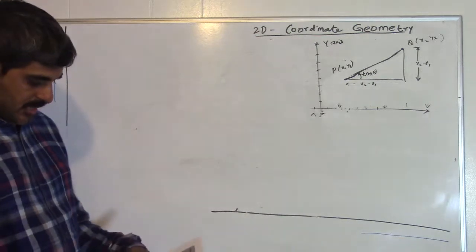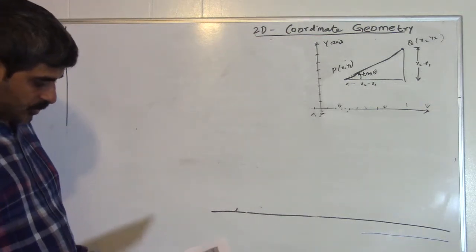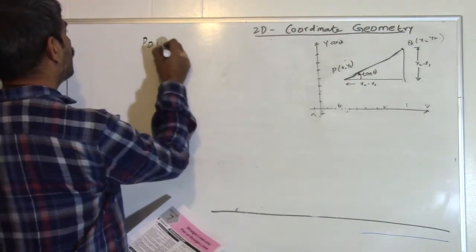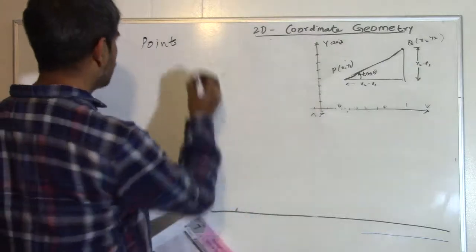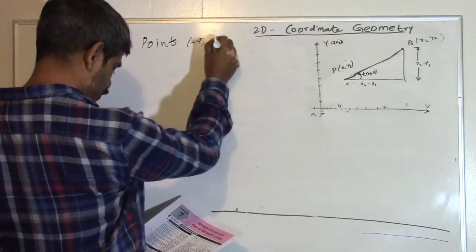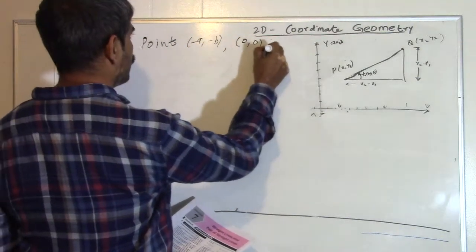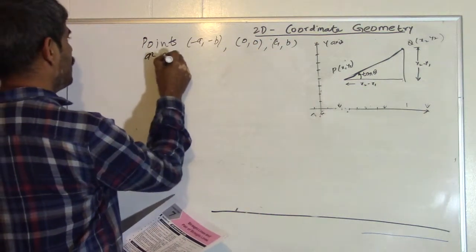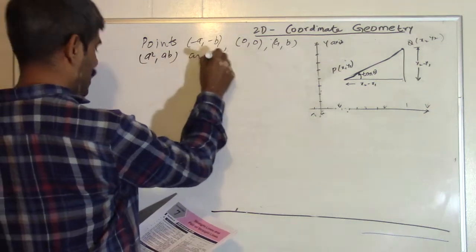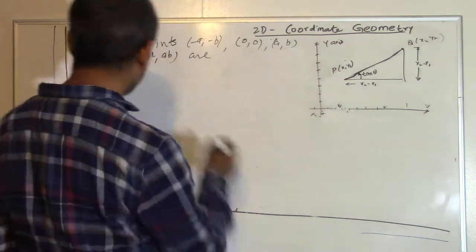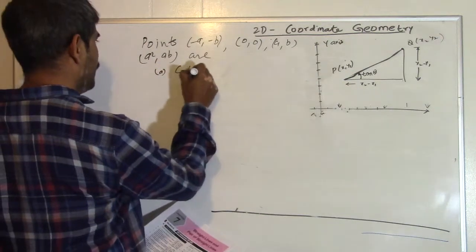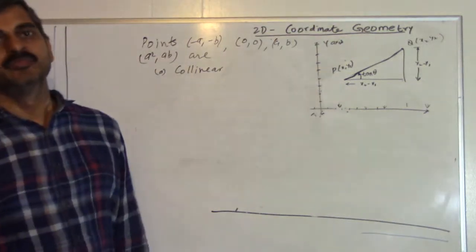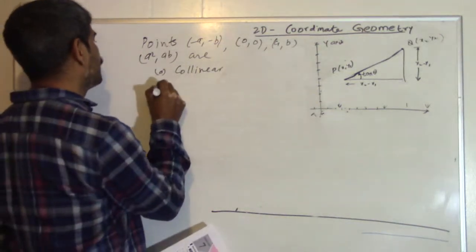So let's move on to a problem. The problem is: points (-a, -b), (0, 0), (a, b), and (a², ab) are: first option is collinear. Collinear means all four points are on a single straight line.